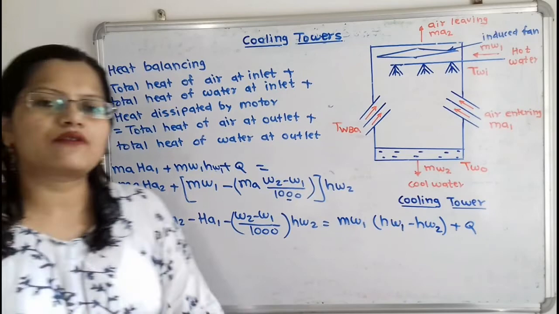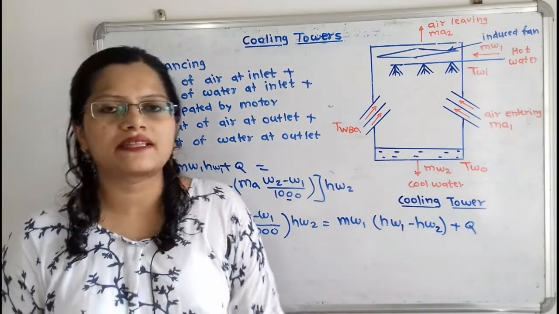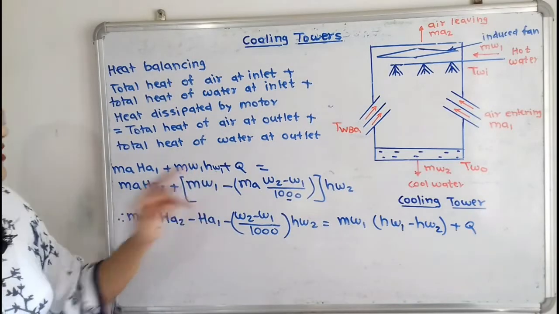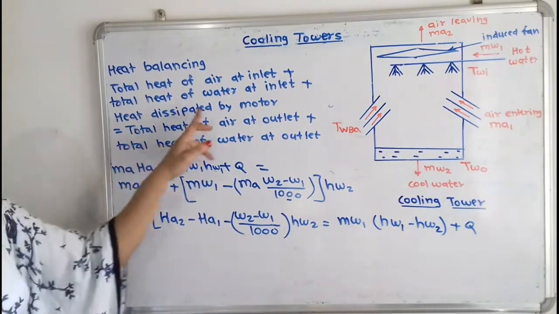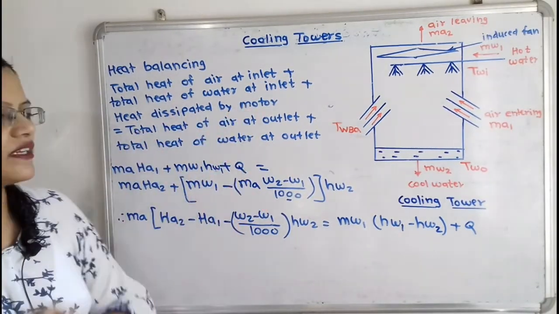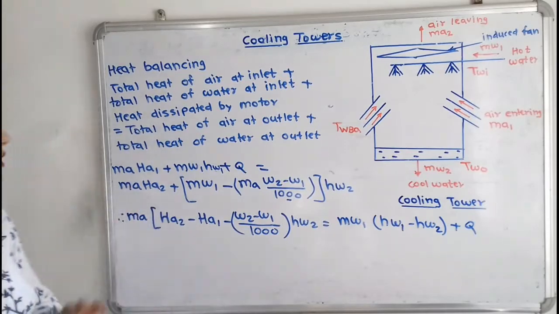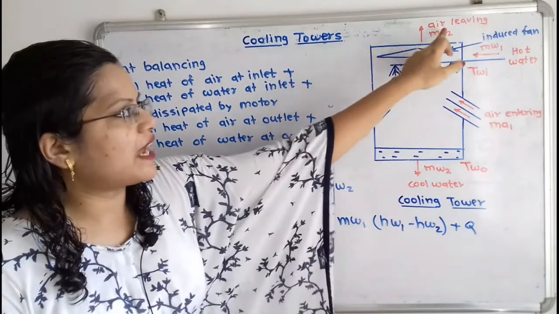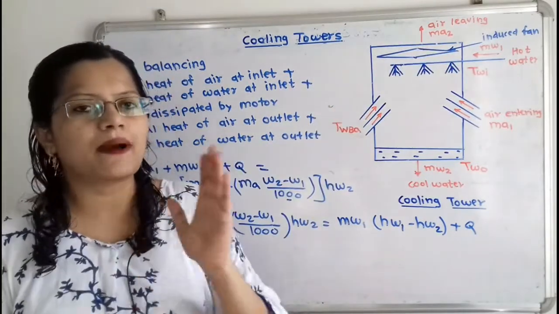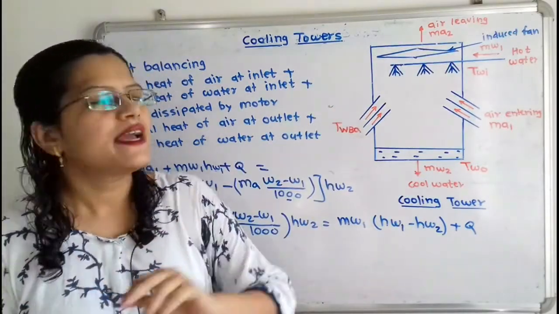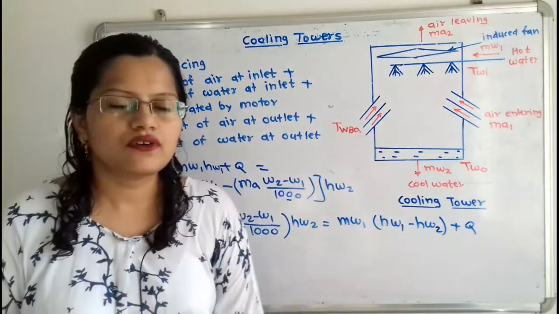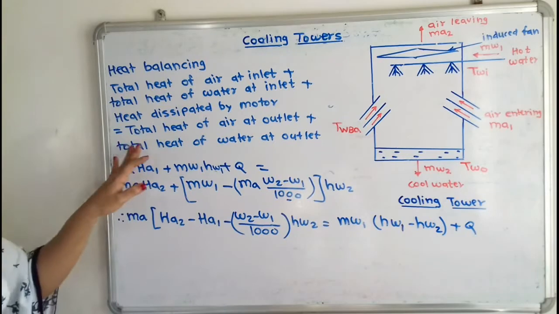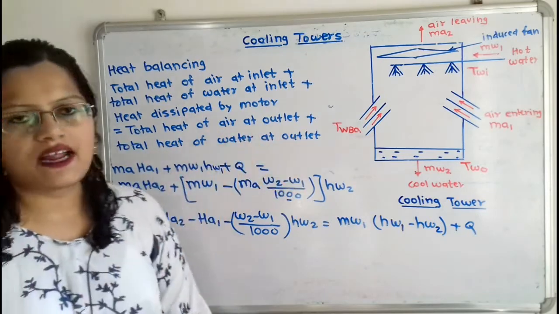Again we take the mass of water multiplied by the enthalpy of water at the inlet, that is Mw1 Hw1, plus the heat dissipated by the motor, which we refer to as Q, which is equal to the heat of air at outlet. Here air is the outlet, so again we take the mass of air multiplied by the enthalpy of air leaving the tower, that is Ma Ha2, plus the heat of water at outlet.